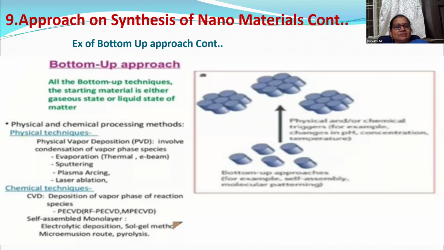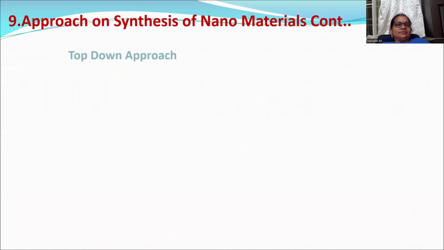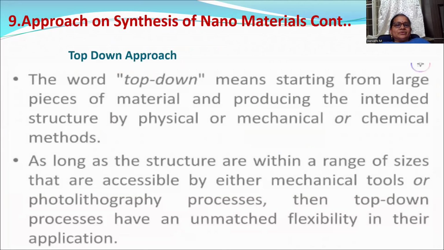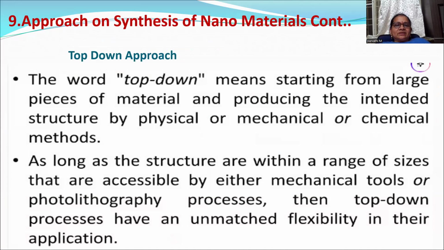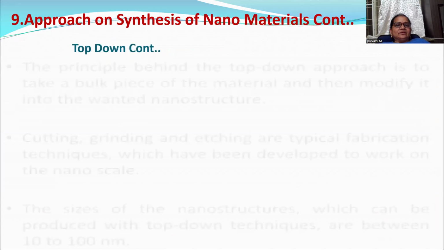So this is self-assembled monolayer, electrolytic deposition, sol-gel method, and microemulsion pyrolysis. All these are bottom-up approach techniques, and this can happen either in gaseous stage or liquid stage, according to requirement.